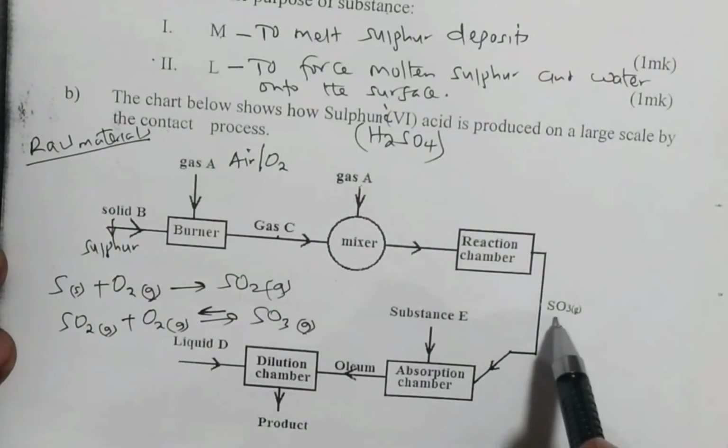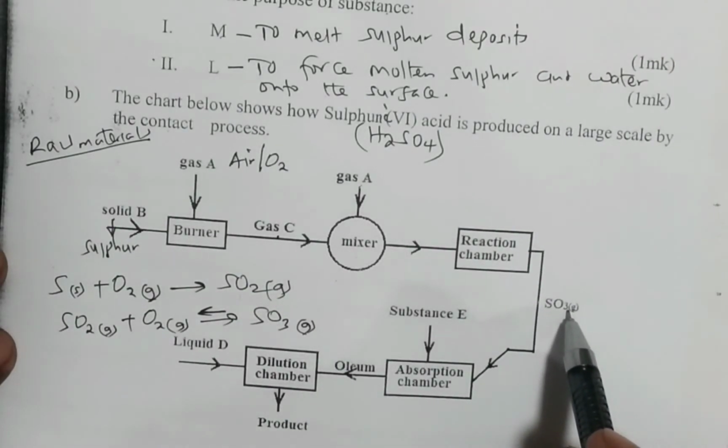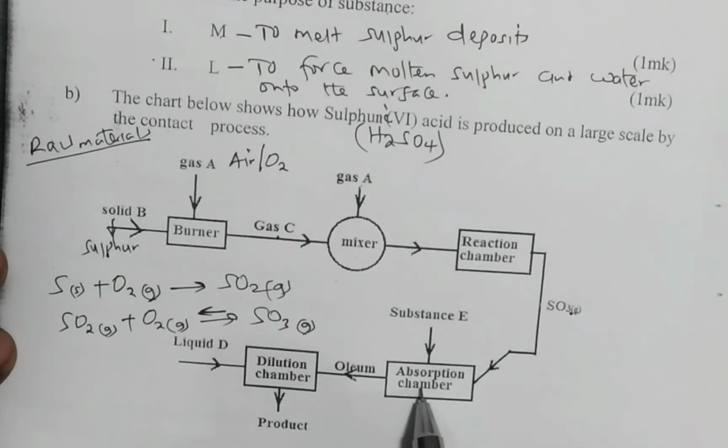We proceed with sulfur VI oxide into the absorption chamber, where it is reacted with substance E to form oleum.